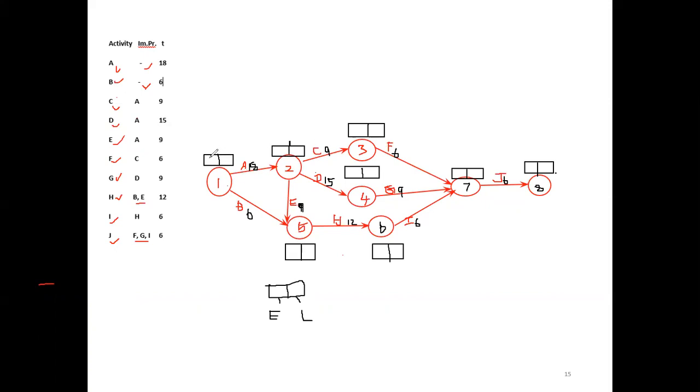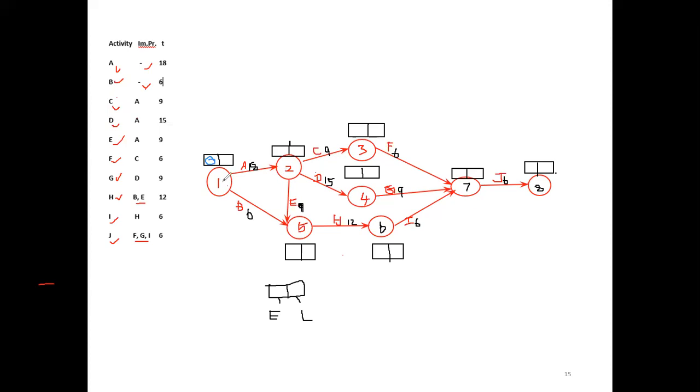Starting with the first event, no days spent for the starting activity, so put 0. Then we go along with the event number, which makes it easy to move forward.